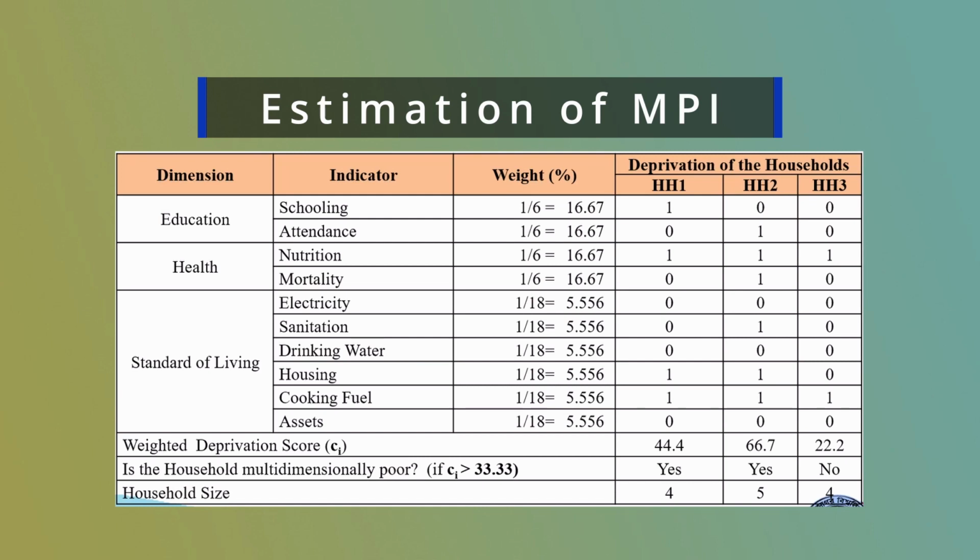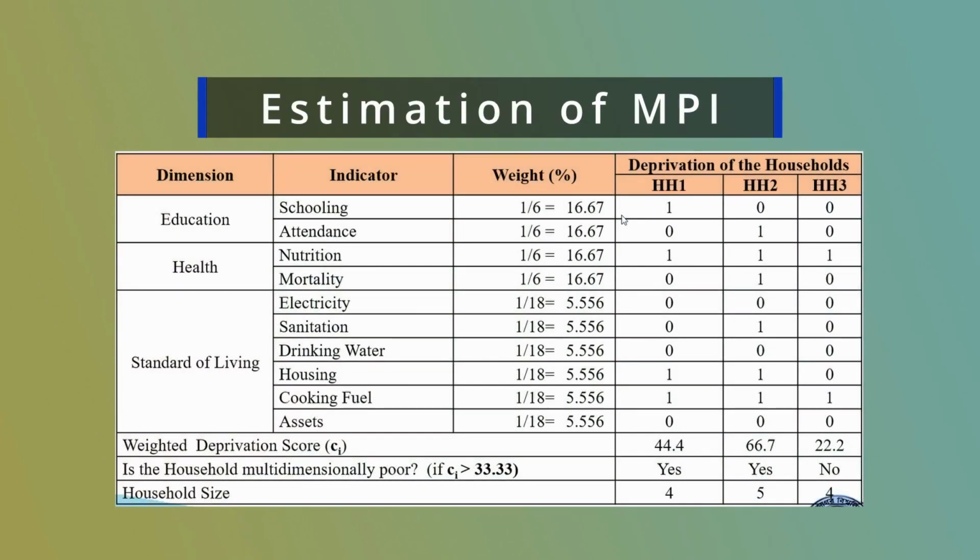And each of the dimensions and indicators is also attached with a weight. Therefore, on the basis of this information, we can calculate the aggregate deprivation score of household 1 by multiplying this weight into the deprivation score of household 1. Here weights are expressed in percentage terms.